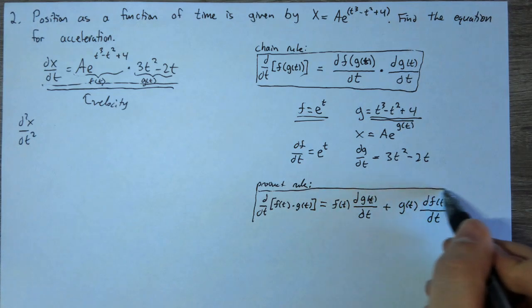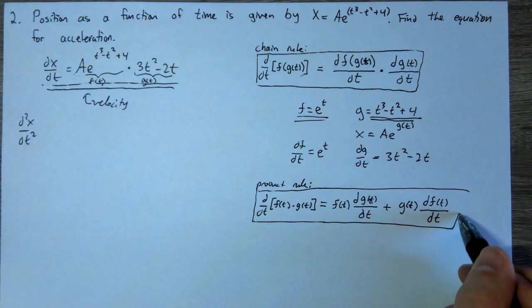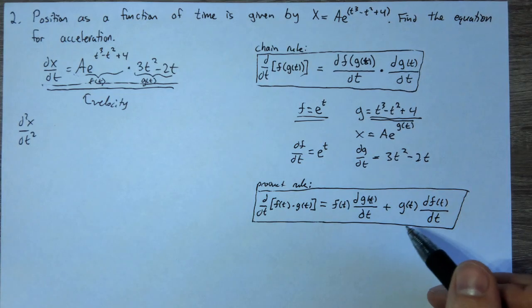And this is your product rule. So when you're multiplying two functions and taking the derivative, this is the rule you apply.